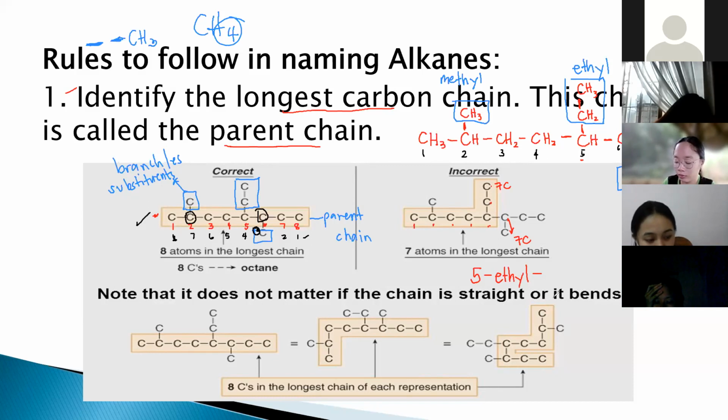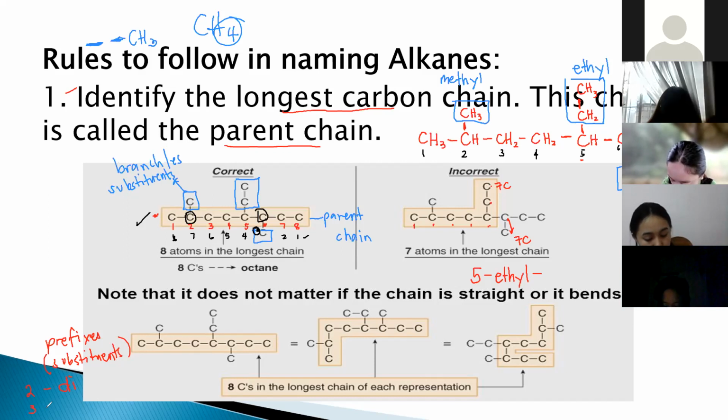But if there are two, or more than two, we have another rule, another set of prefixes. If you have two identical substituents, we use the prefix di.